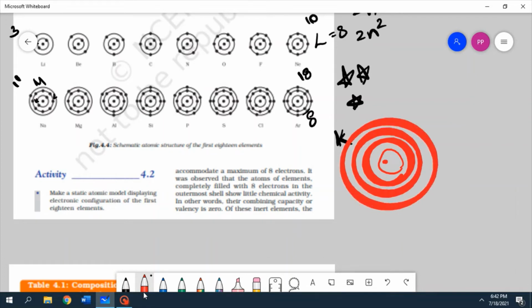If it has the N shell, then the outermost orbit should have only 8 electrons, which is why this would stop with 8. Even though it's the M shell, it won't continue to have 18 electrons in it.